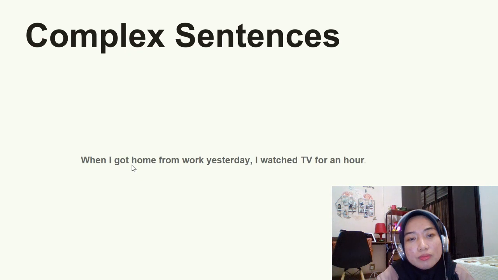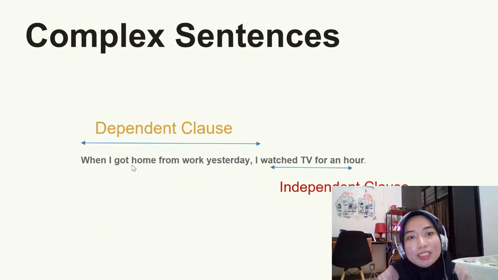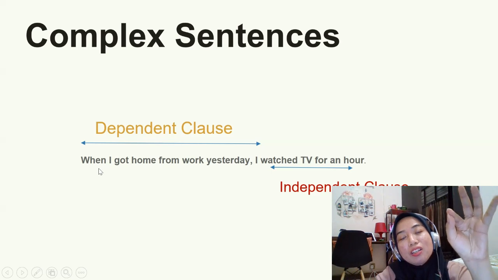Okay? So just now I mentioned having an independent clause and a dependent clause. The same goes here. When is the subordinate conjunction here?